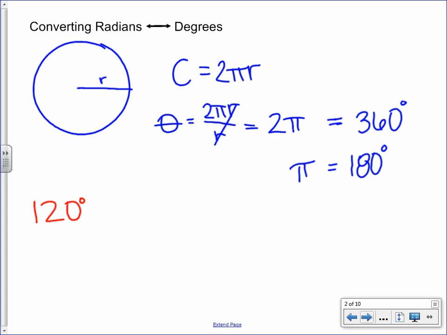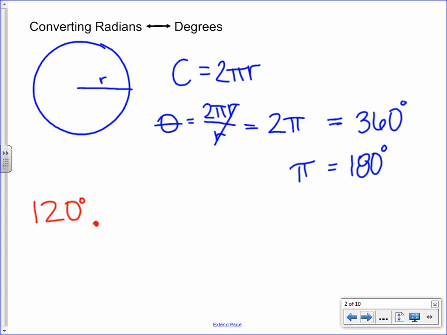If I have a degree measure, this is simply just a conversion problem. If I want this to be in radians, we need to multiply by what? I don't want degrees anymore.